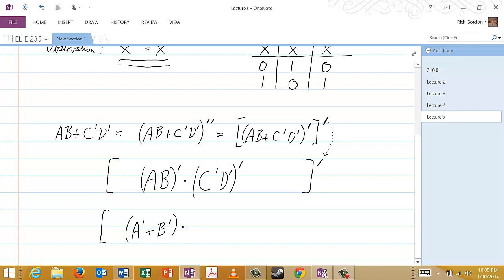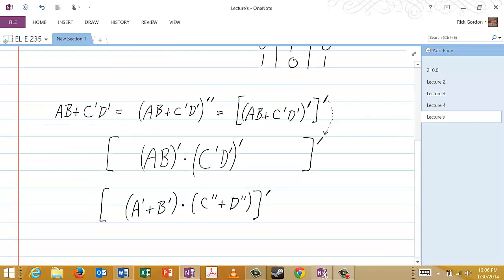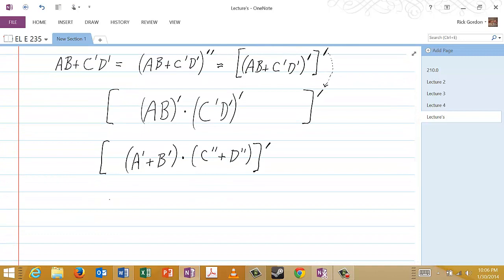And we can do the same thing with the second bracketed term as well. So we'll get C complement complement, ORed with D complement complement. And then outside the brackets, we still have one more complement sign. Now, I don't think it will surprise you too much to see that we can simplify this a bit.